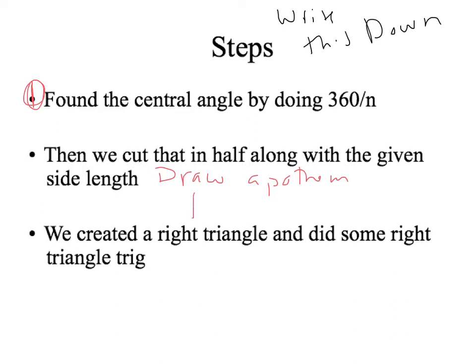So you want to draw on your apothem to form your 90-degree triangle. Once you create your 90-degree triangle, you got to do some trig. So SOH CAH TOA. These are the same steps for all of these problems. So again, write this down so you know what problems you should do after the other.